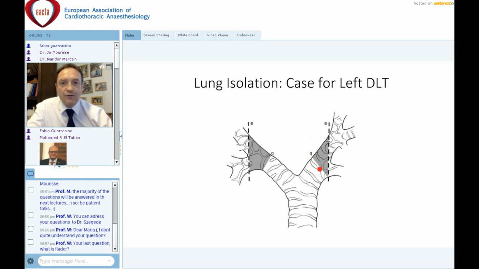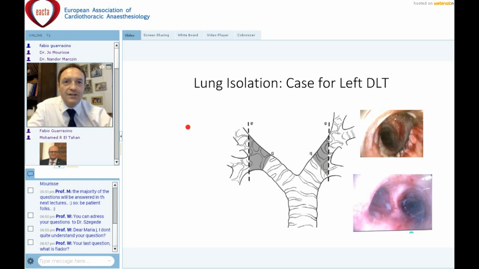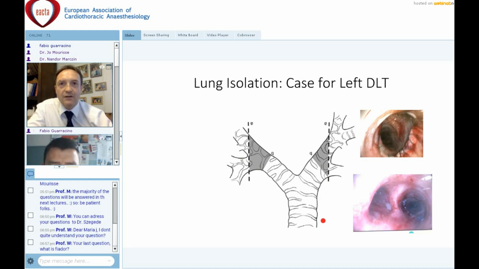The consequence, on the right-hand side, is that the bronchial anastomosis is very proximal to the main carina, leaving only one or two bronchial rings for the anastomosis and precluding any cuffed device on the right side. However, on the left side, the anastomosis leaves most of the left main bronchus intact and available for double lumen positioning.